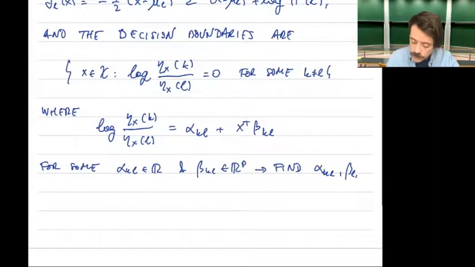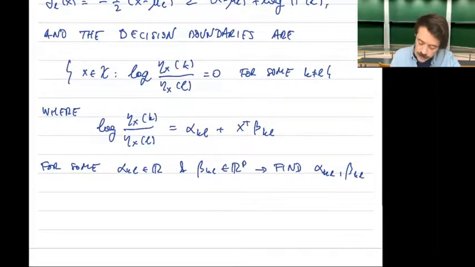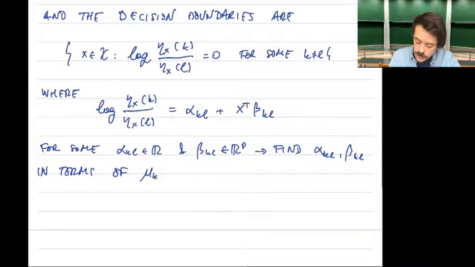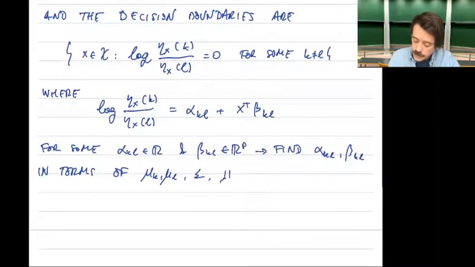You will do this simply by trying to write it as that. And as a tip, this is in terms of the means for the classes, the covariance, and the values of the prior that we are given.